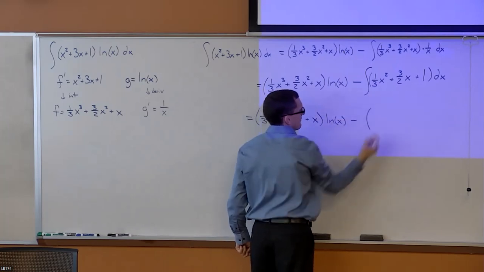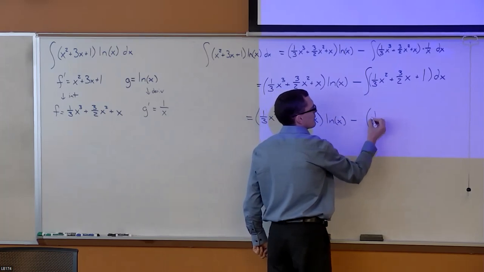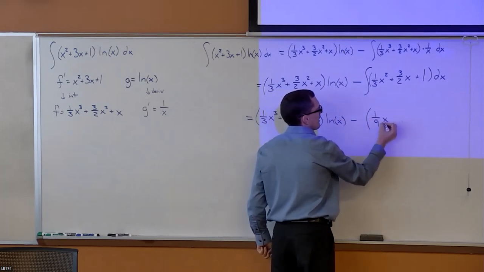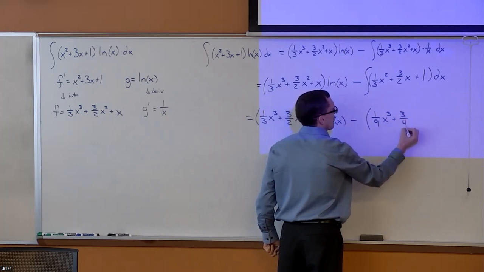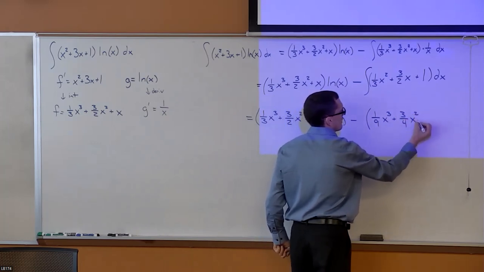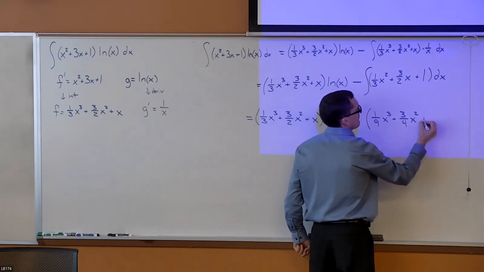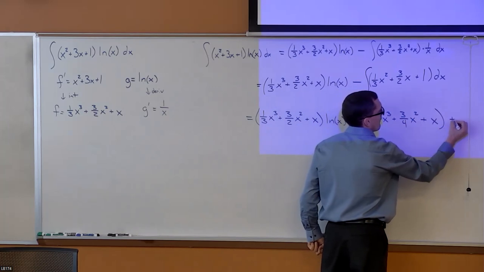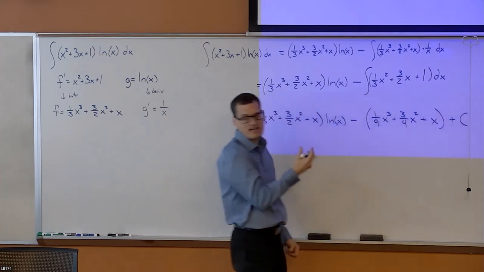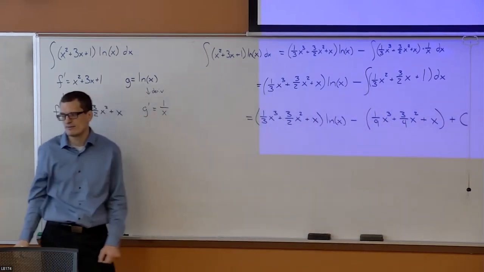When you integrate that polynomial, you're going to get 1/9 x to the third plus 3/4 x squared plus x to the first. And then we tack on a plus c at the very, very end.